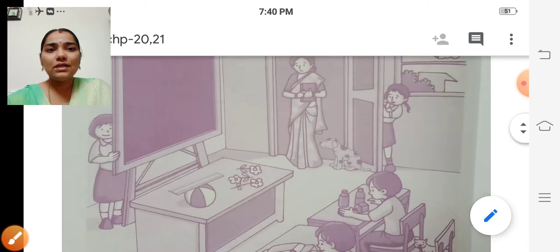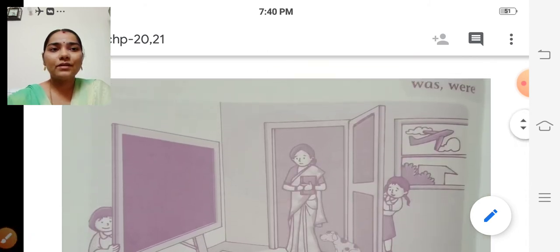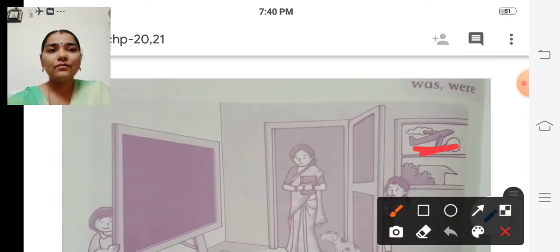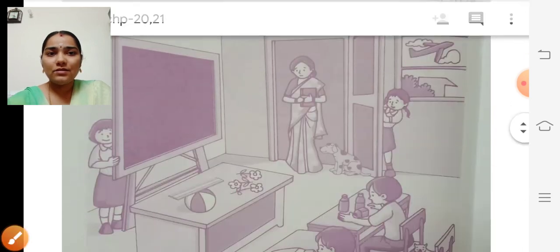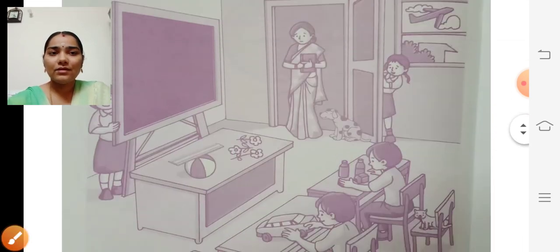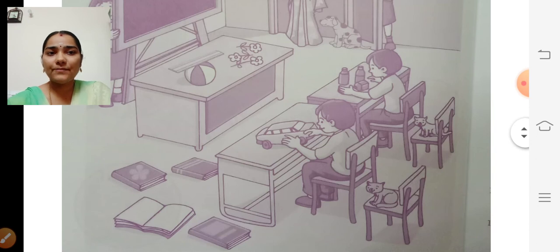And what do you see in the picture? An aeroplane was flying in the sky, isn't it? So shall we move on to the questions? Yes.